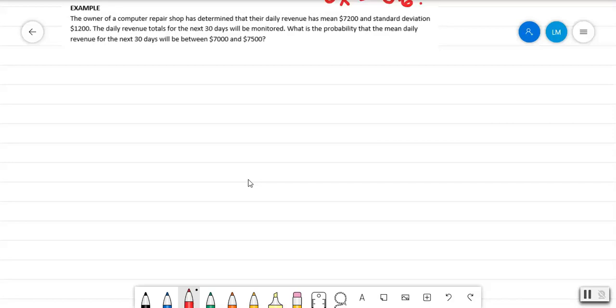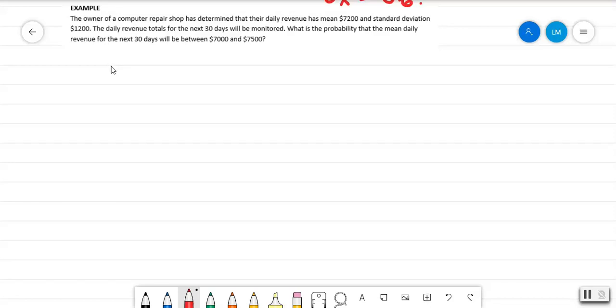So let's look at this example where the owner of a computer repair shop has determined that their daily revenue has a mean of 7,200 dollars and a standard deviation of $1,200. The daily revenue totals for the next 30 days will be monitored.